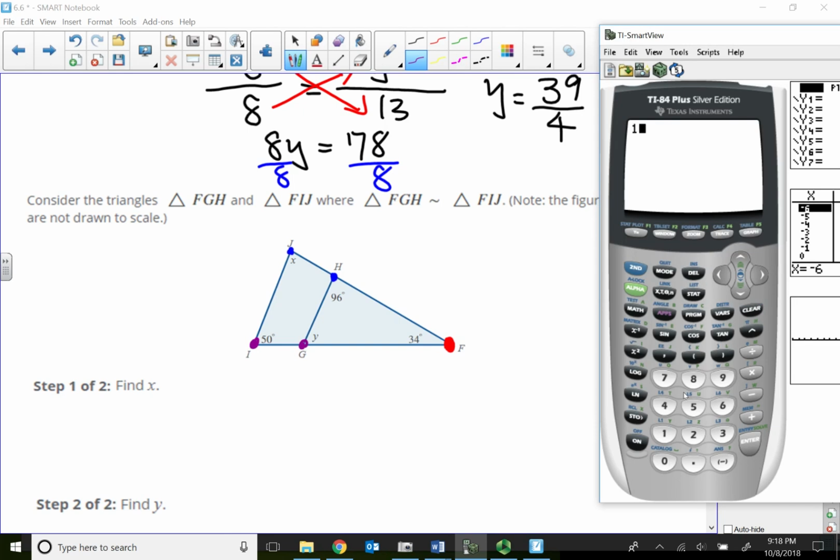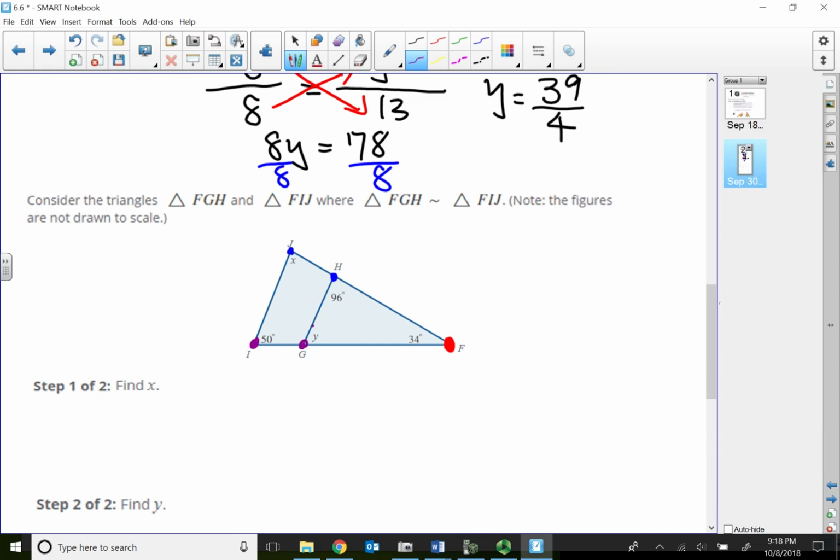So if I take 180 minus my 34 and minus my 96, that tells me this is 50 degrees right here. That's how I know the I and the G correspond, because this Y has to be 50 degrees.